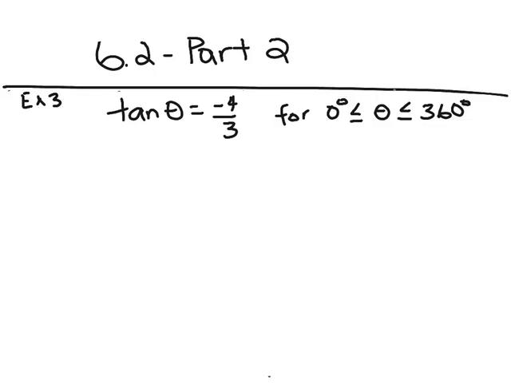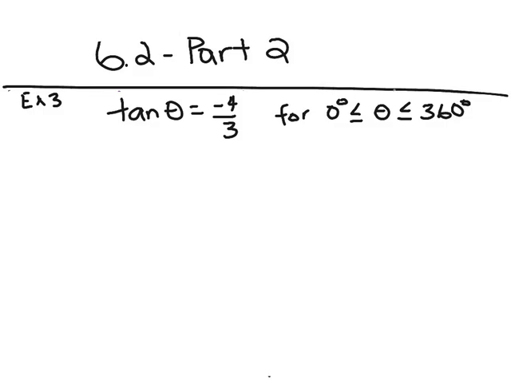And example 3. To the nearest degree, which values of theta satisfy the equation tan theta equals negative 4 over 3 for 0 degrees less than or equal to theta less than or equal to 360. So what that means is we want to find all the angles between 0 and 360 that are going to satisfy tan theta equals negative 4 over 3.